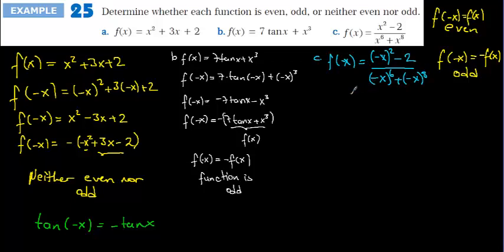So f minus x is equal to, when you multiply by itself 2 times, the result is going to be positive. The negative number I'm talking about, minus 2, is not going to change. And when you multiply a negative number by itself 6 times, the minus sign is multiplied 6 times, so it's going to be positive.